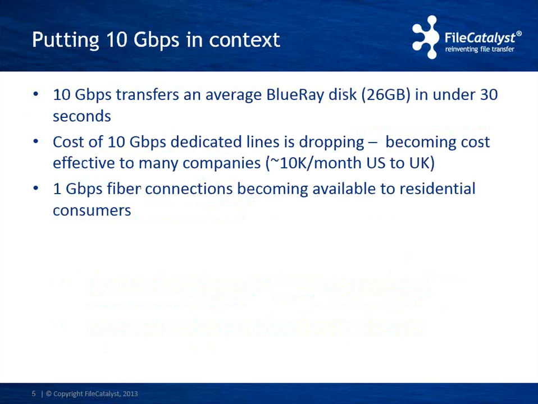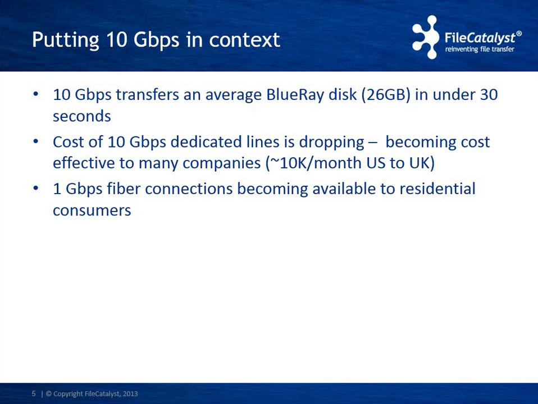So just to give you a little background, why 10 gigabits, why now, and why didn't it happen two years ago? Well, there were certain technical challenges we had to resolve first. We needed the appropriate hardware to be able to go as fast as 10 gigabits. The 10 gigabit technology is really fast.